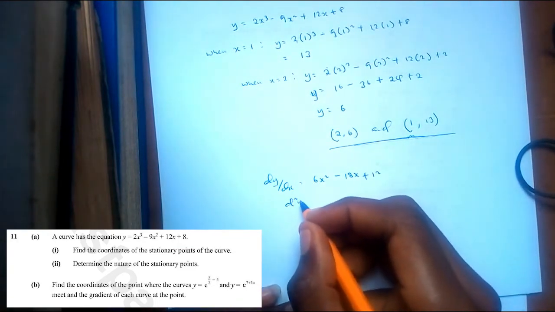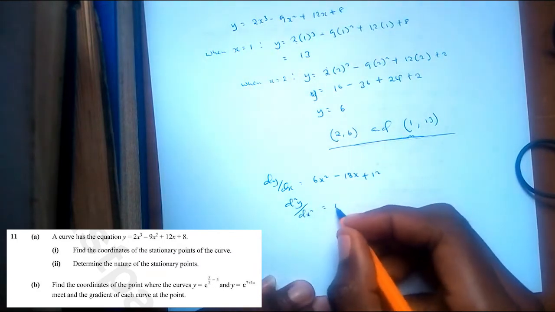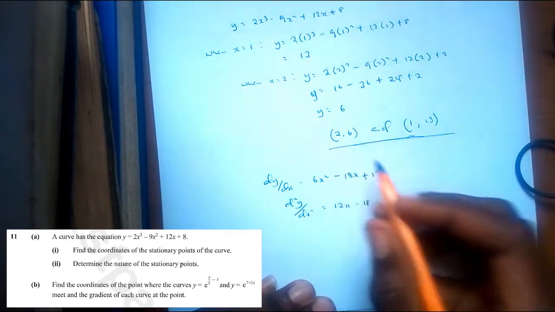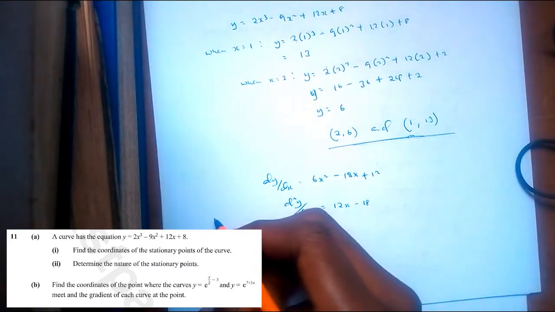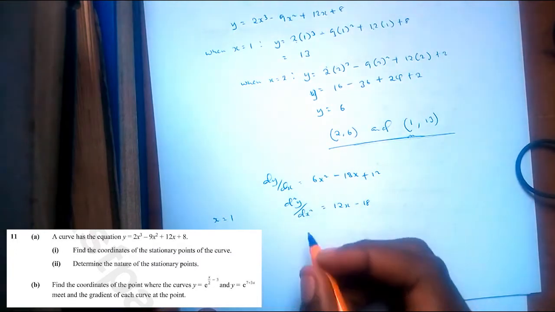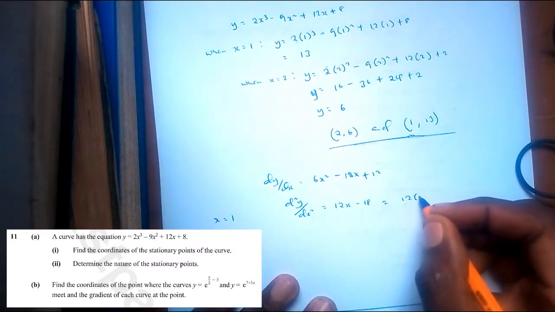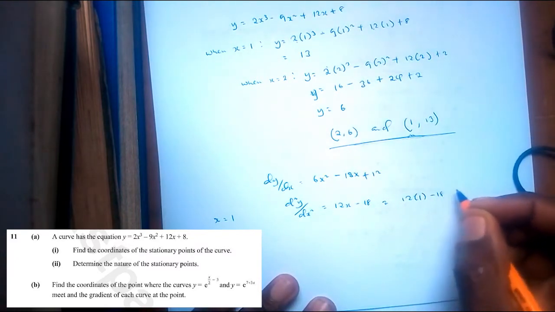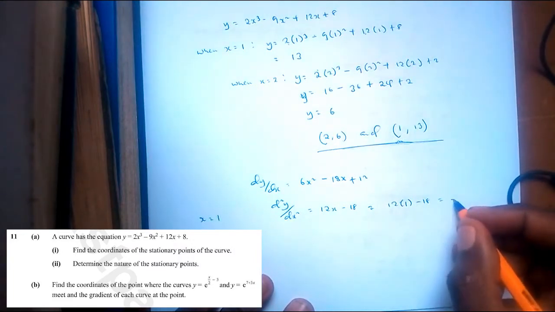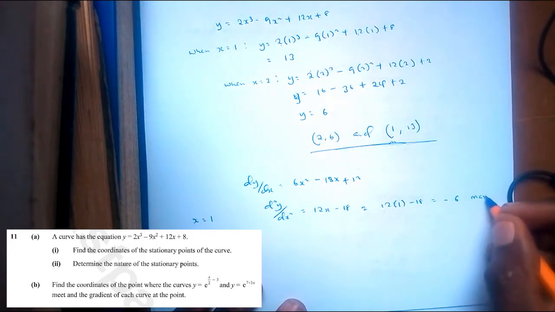Then d2y over dx squared is equal to 12x minus 18. First we plug in the x coordinate 1, then we plug in x equals 2. For x is equal to 1, that will be 12 times 1 minus 18, which is negative 6. So at this point, it is a maximum.